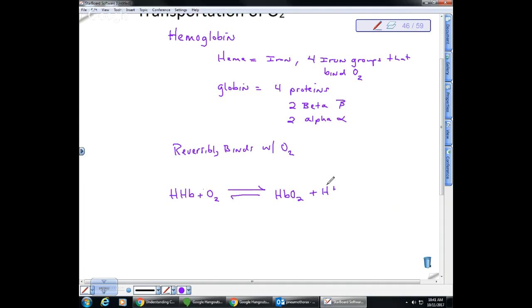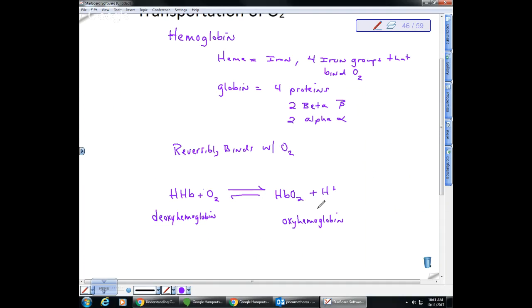So this is deoxyhemoglobin, so that means that it's missing an oxygen. And then this is oxyhemoglobin.